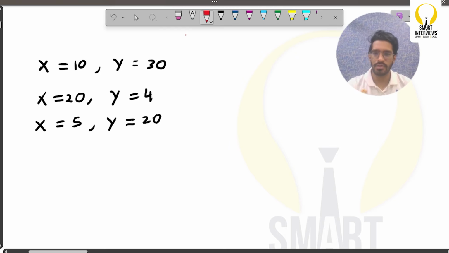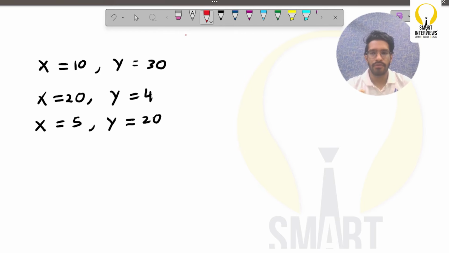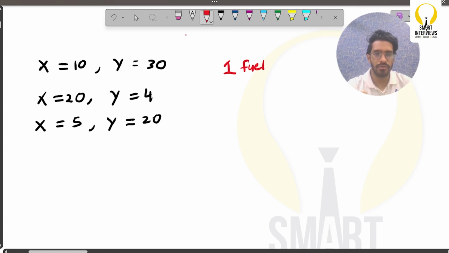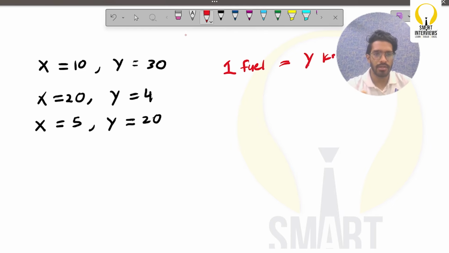If you see, you have X as 10 and Y as 30. Now, according to our problem statement, we know that if I have 1 unit of fuel, I can probably travel Y kilometers.